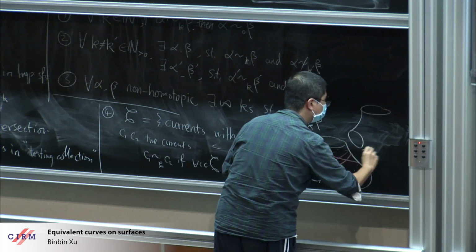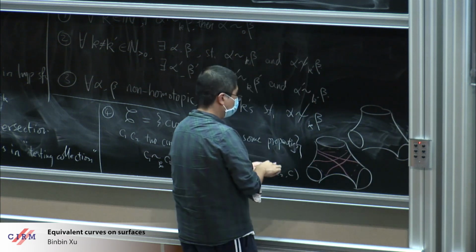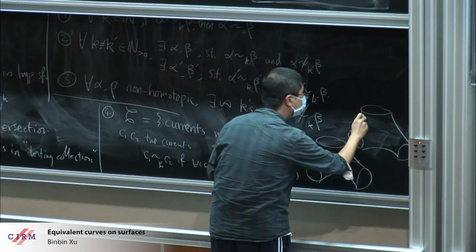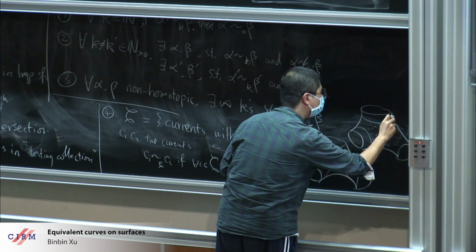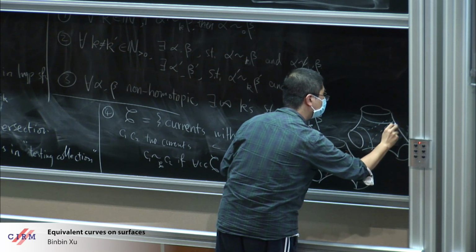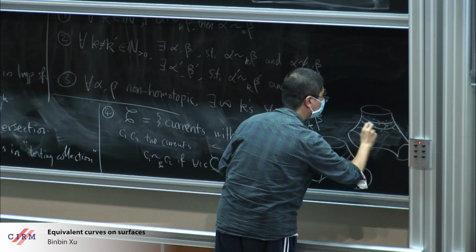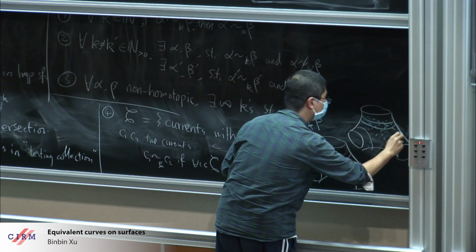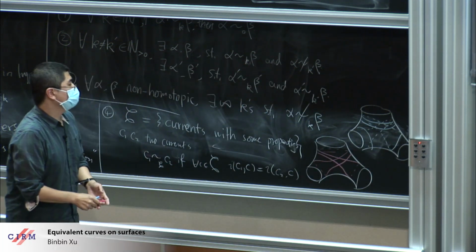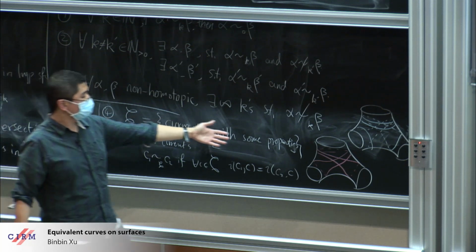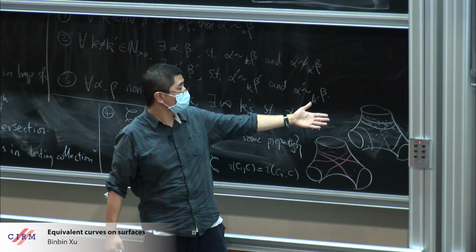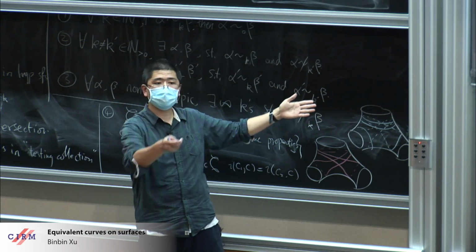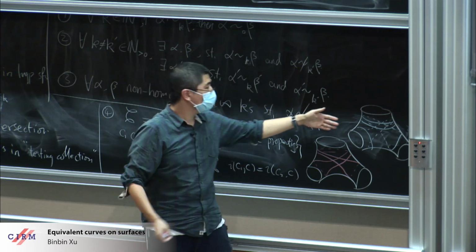So these two curves will be in the same pair of pants in the surface. It's actually not difficult to see why this is true, because these two curves differ by a symmetry of the pants.